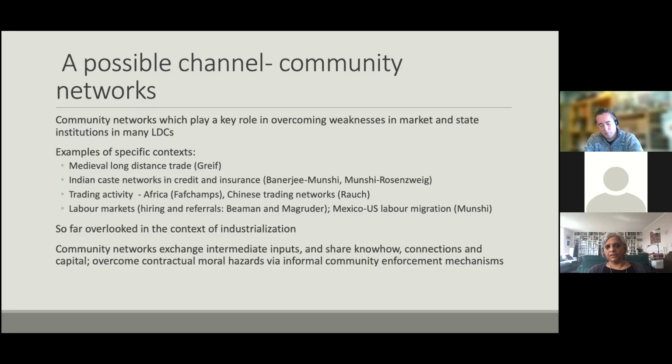And this is through the role the community networks play. And I'll tell you a little bit about what I exactly mean by community networks later on, but let me just say now that in the Indian context, these are caste networks, these are religious networks. So they could be Muslim traders, they could be Parsi traders, and so on, and you'll see as we go along.